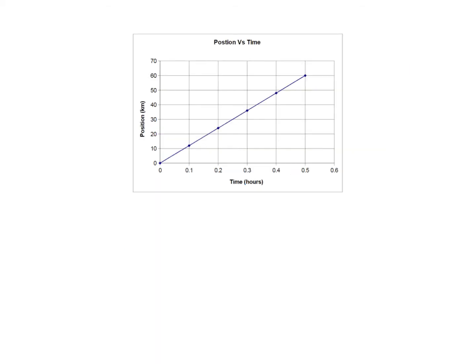We can also plot those points on a graph and we can find it in the same way. So I'm going to find it between this point and this point. So we would have delta y and we would have delta x. This is my delta y, this is my delta x. Not as accurate with a graph.